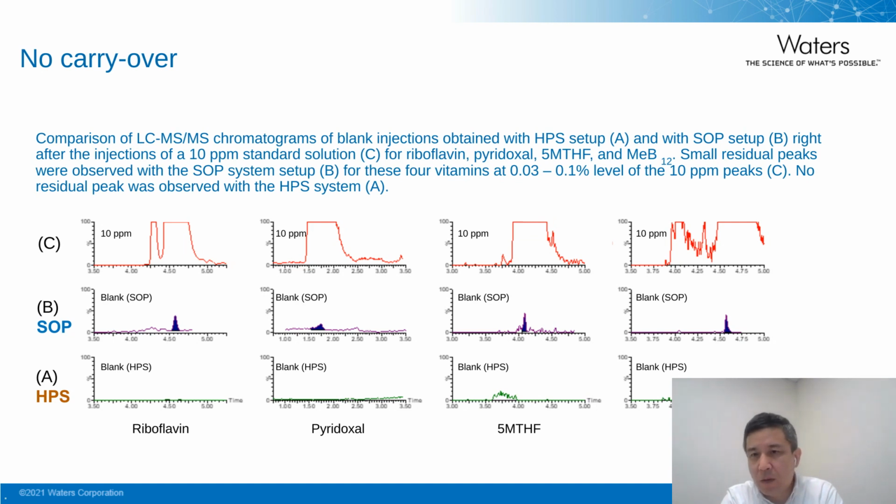It's still discernible. The chromatogram at the bottom is from the HPS setup, and you can see there's nothing, no peak appears in these blank injections. So this means that the HPS setup, or the MaxPeak HPS technology, is less prone to the carryover issue.